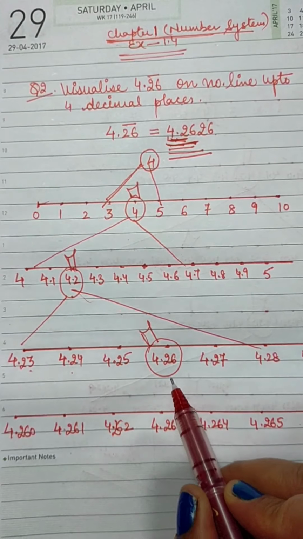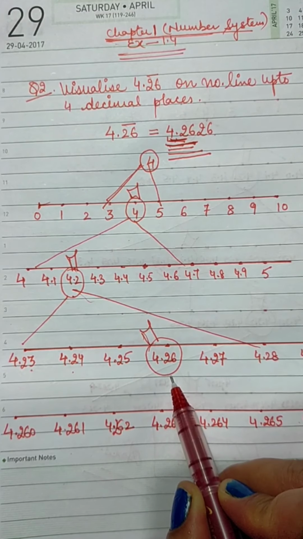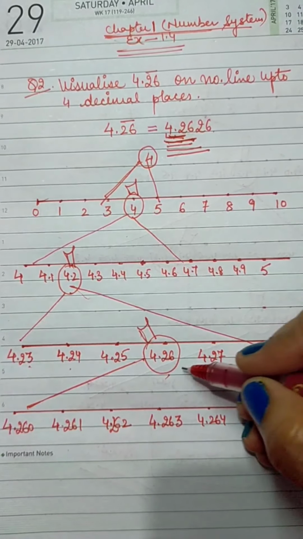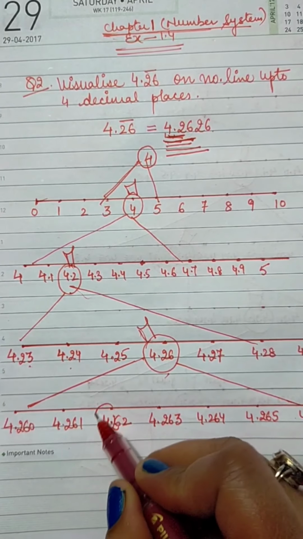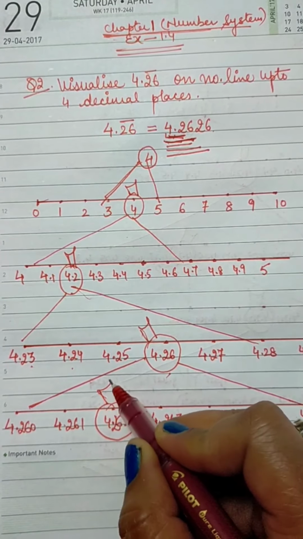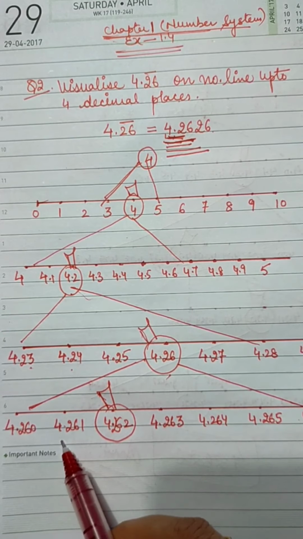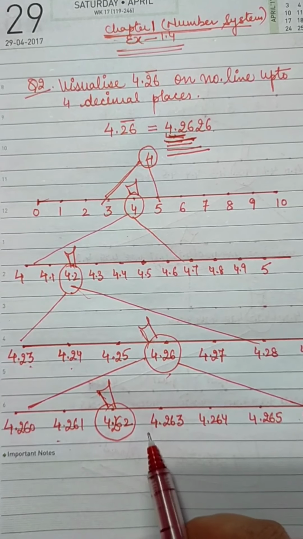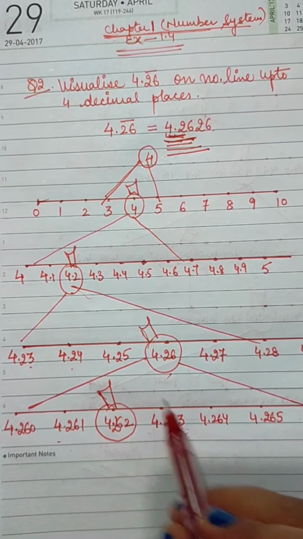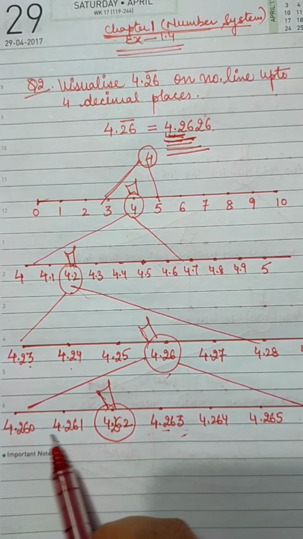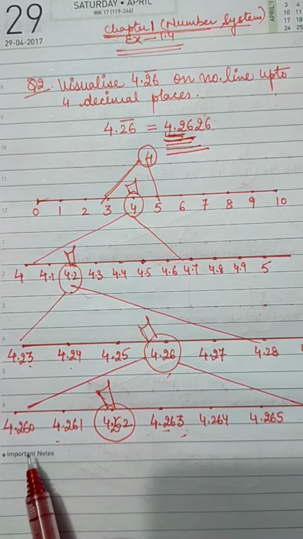So 4.262 is the required number, which will lie between these numbers. I have told you earlier also in the previous question, you can take only one digit prior and one digit after that. There also you can zoom in because this number lies between these two numbers. The rest we are just magnifying, that is why we are opening it.